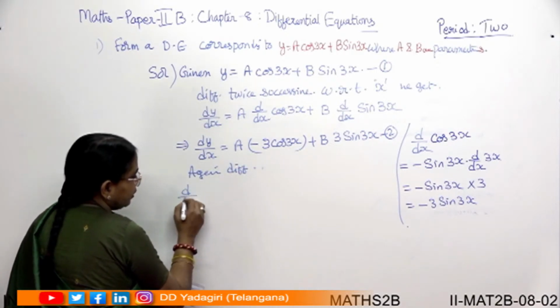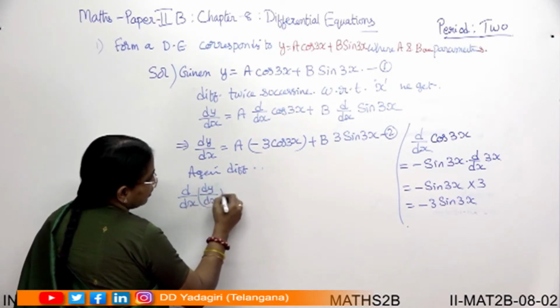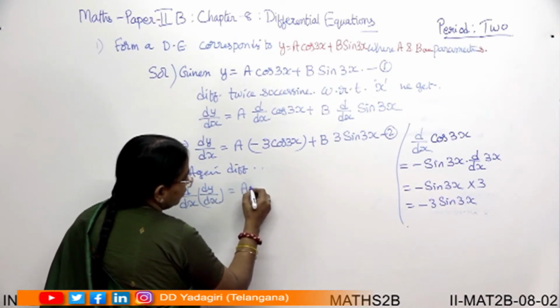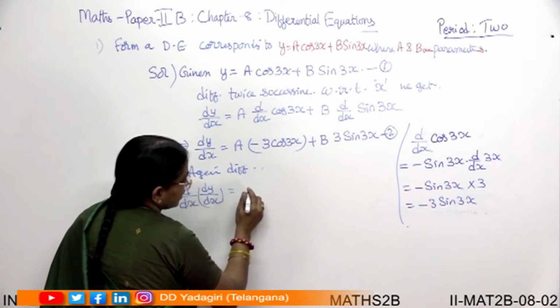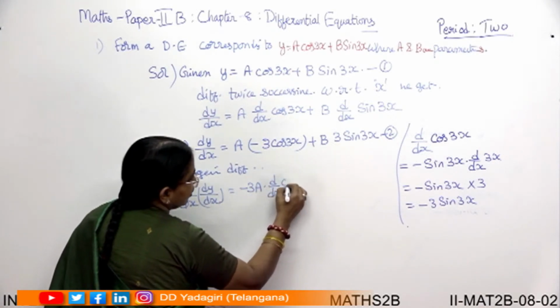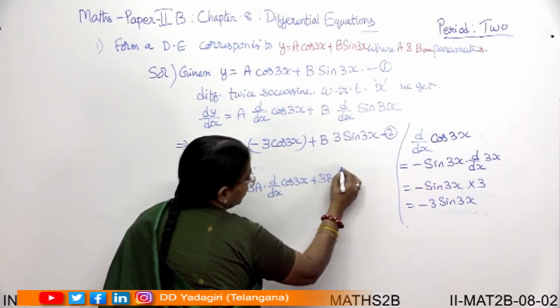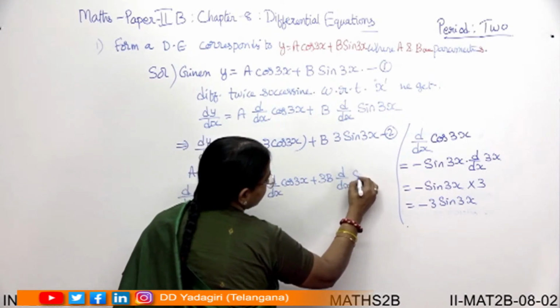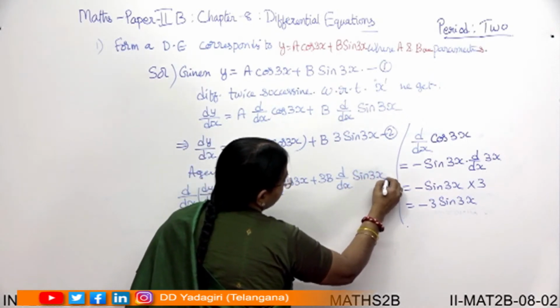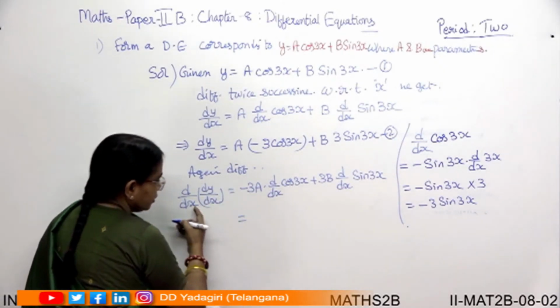d by dx of dy by dx is equal to minus 3A, we'll write outside, minus 3A into d by dx of cos 3x plus 3B into d by dx of sin 3x. So now what is this?